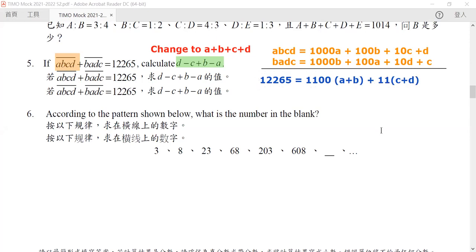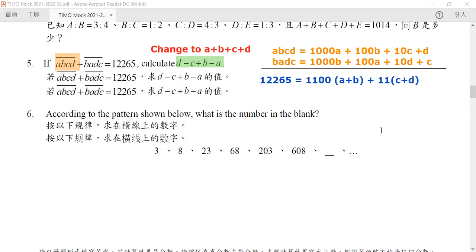Okay, now here comes my question. Notice that C plus D is never going to exceed 20, right? So 11 times 20 can never exceed 1100.